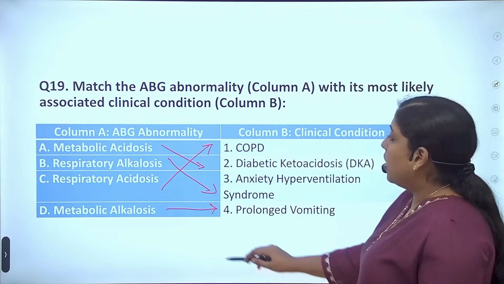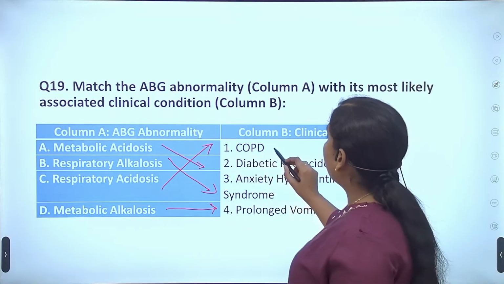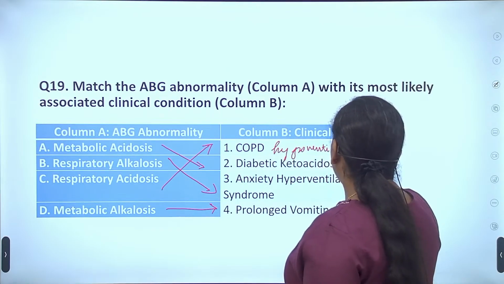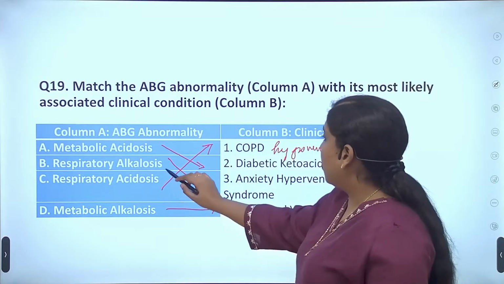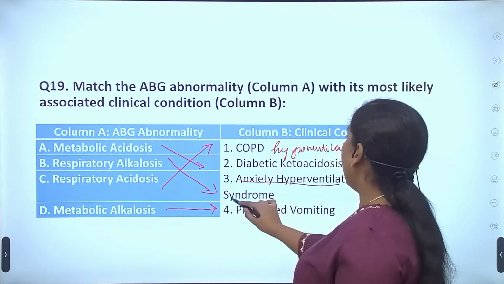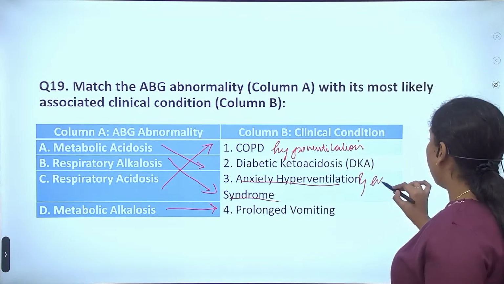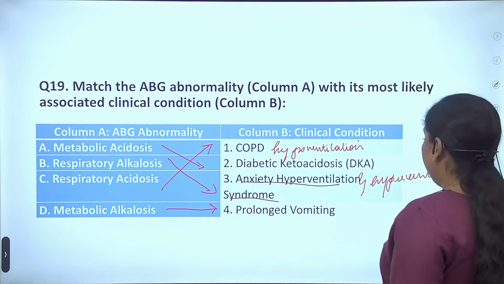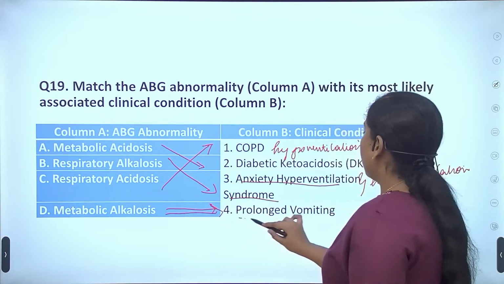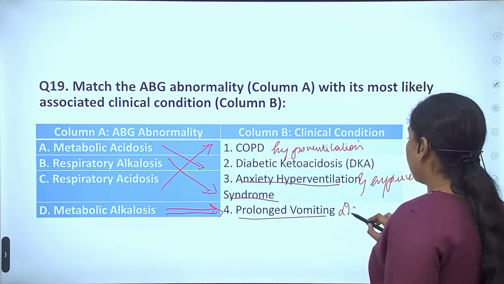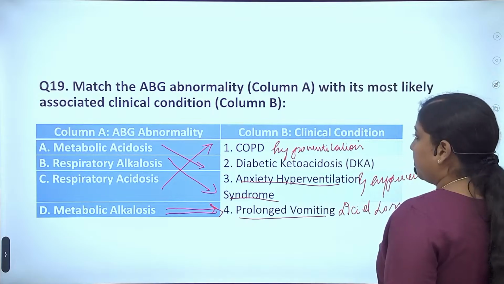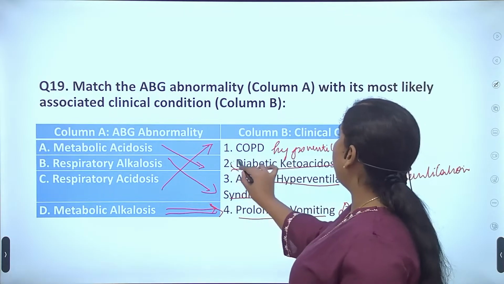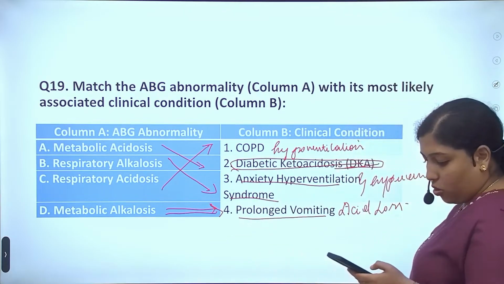So respiratory acidosis, COPD because of hypoventilation, and respiratory alkalosis, anxiety, hyperventilation syndrome, is induced by hyperventilation. And metabolic alkalosis because of prolonged vomiting and acid loss. And metabolic acidosis, the most associated condition is diabetic ketoacidosis.